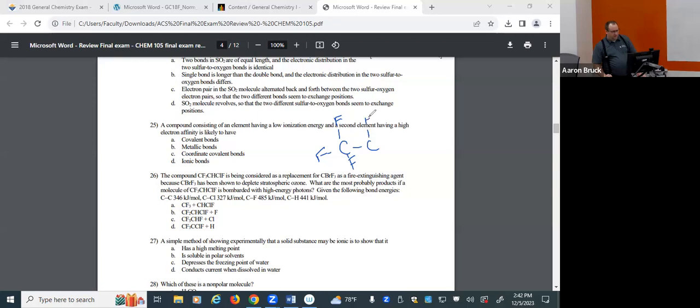The other carbon has a hydrogen, a chlorine, and a fluorine. That's the compound that we're looking at. And what we're investigating is which of these bonds is the most likely to break. Is it a bond like this, this, this, or this?